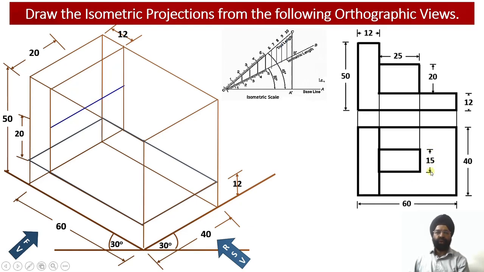So from this center point, I am going to mark an offset of 7.5 millimeter on this side and 7.5 millimeter on the other side. This is my center. I am going to move towards the left side, that is the front side, with an offset of 7.5 millimeter, and over here I will move 7.5 millimeter towards the rear surface.